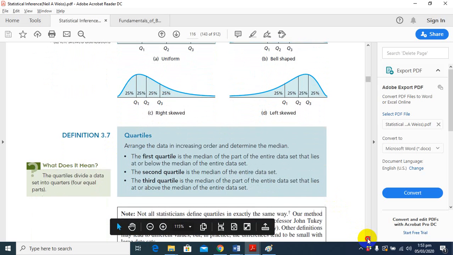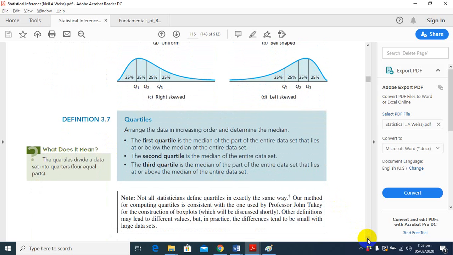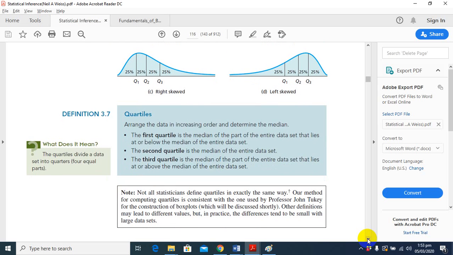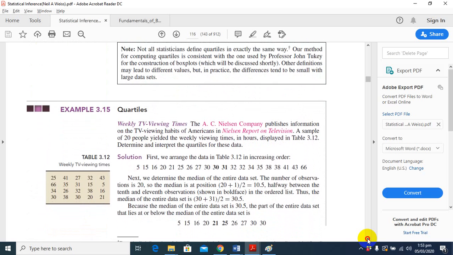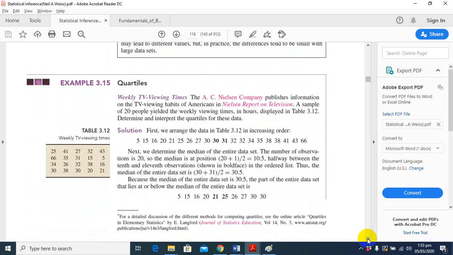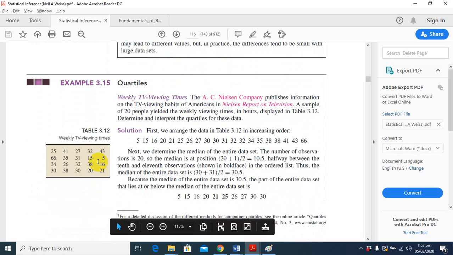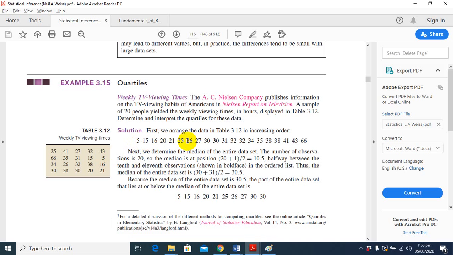So students, what we need to do is find the quartiles using a data set. Considering this example, table 3.12, the weekly TV viewing times are given for 20 people. For finding the quartiles, the first task is to arrange the data set in increasing order.